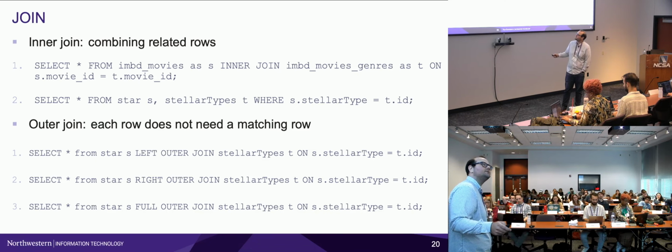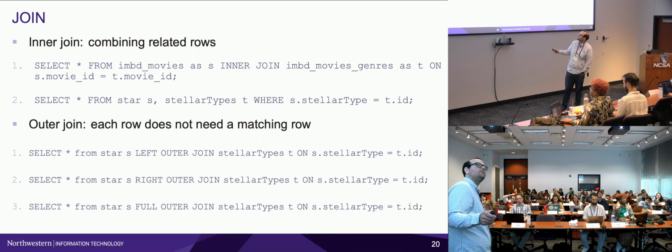Or in this case, the more Astro one, I would like to select all columns from table star. And I would like to do it where the column stellar type is the same as the column stellar type in table stellar types is the same as the column ID in table star.